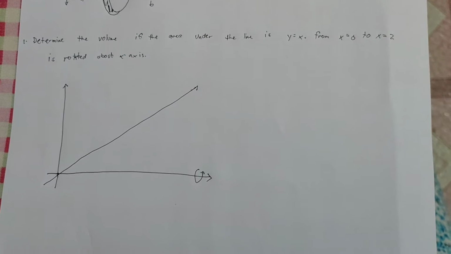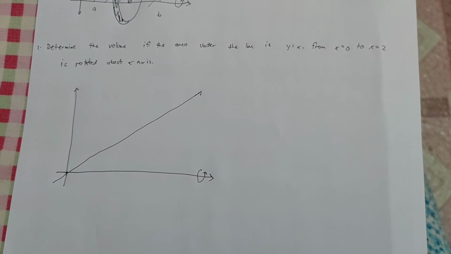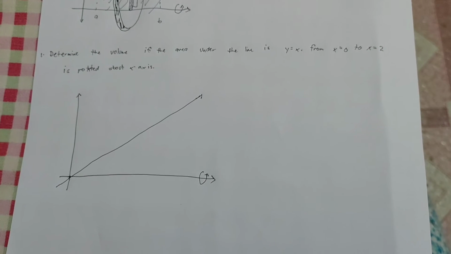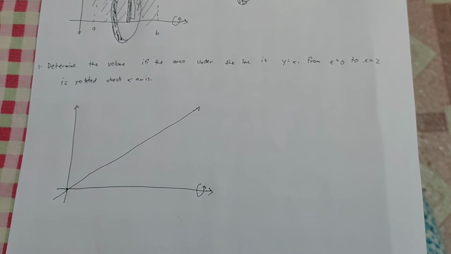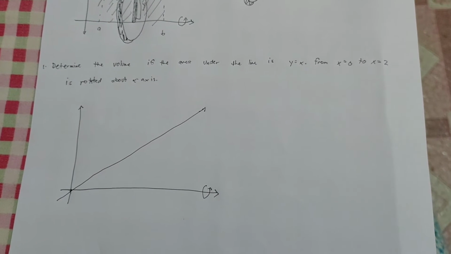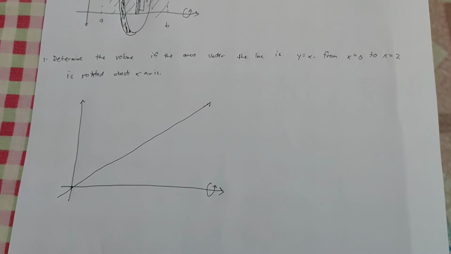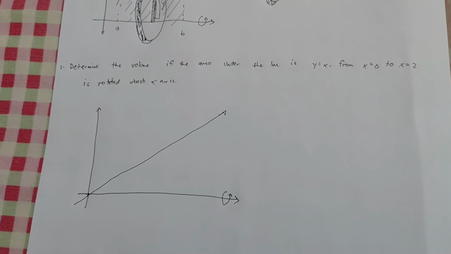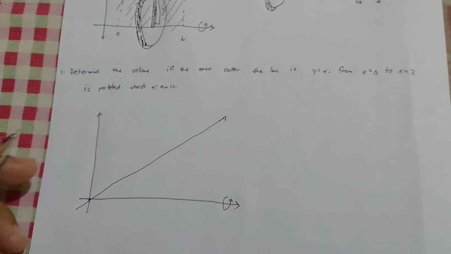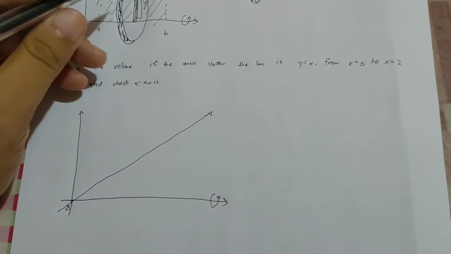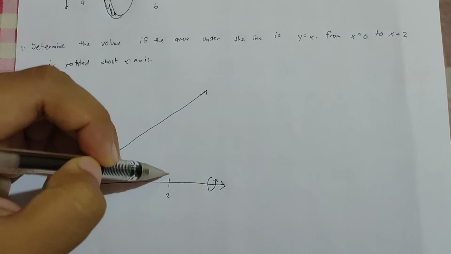Our number one problem is: determine the volume if the area under the line y equals x, from x equals 0 to x equals 2, is rotated about the x-axis. So this will be our 0, and this part will be our 2.